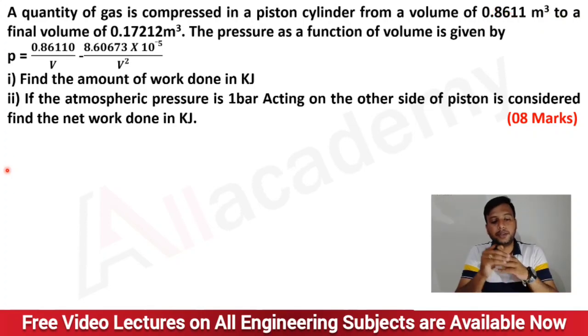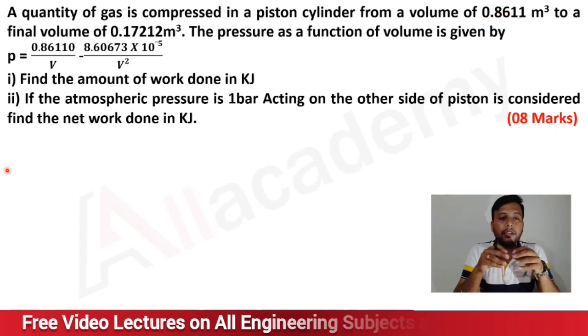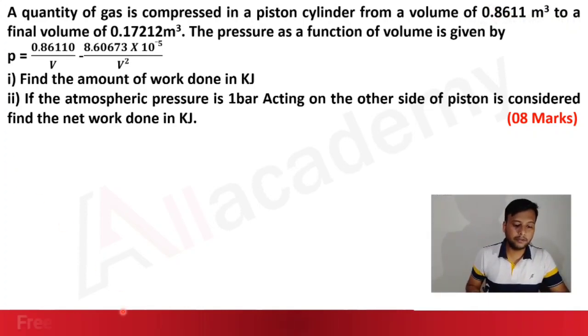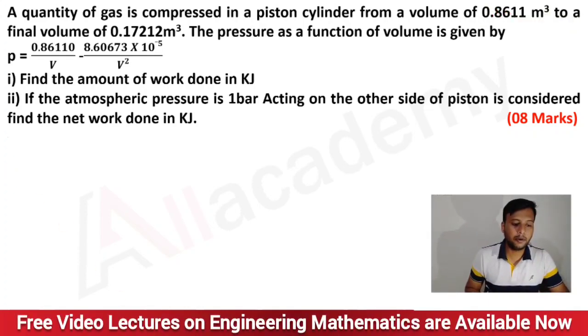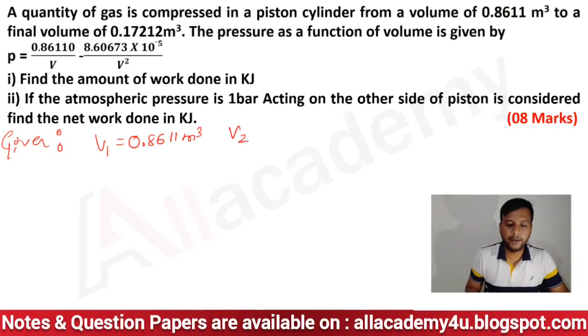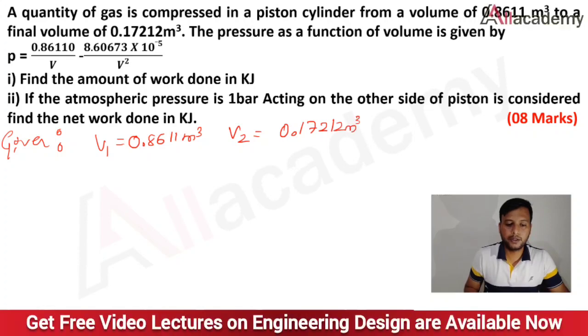In this numerical, we need to calculate the amount of work done in kilojoules. Also, we need to calculate the net work done when the 1 bar atmospheric pressure is acting on the other side of the piston. Now let us write down the given data from this problem statement. We have V1, that is 0.8611 meter cube. Then V2, that is 0.17212 meter cube.